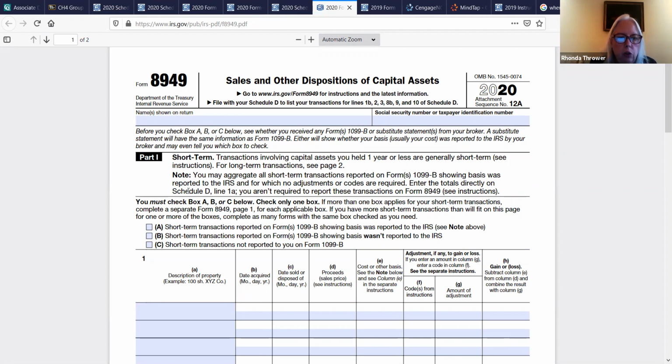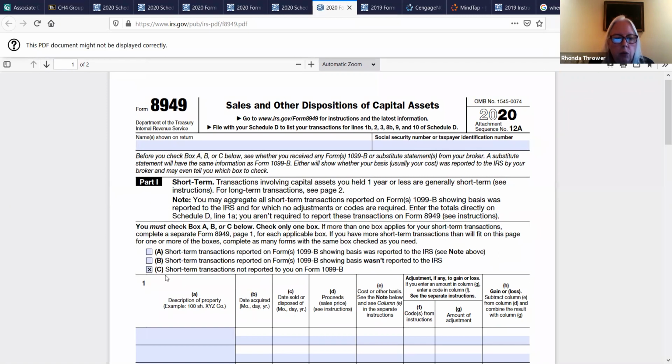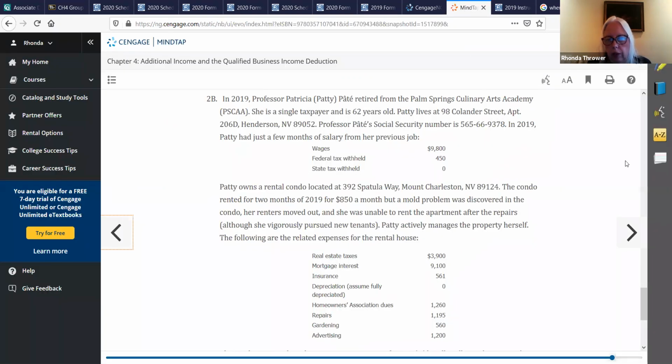We would need to look at part 1 to see what we need to check in this particular box. What we've done is we've sold a personal residence, and it was not reported on Form 1099-B. So we're going to click on box C here because they didn't give it to us in Form 1099-B. They just told us that we sold a residence.